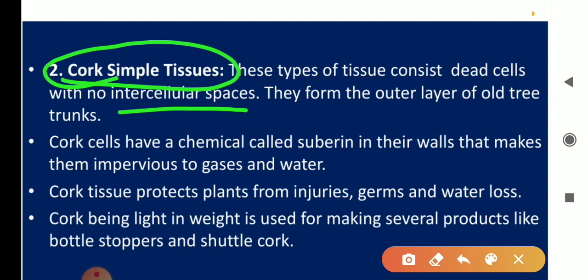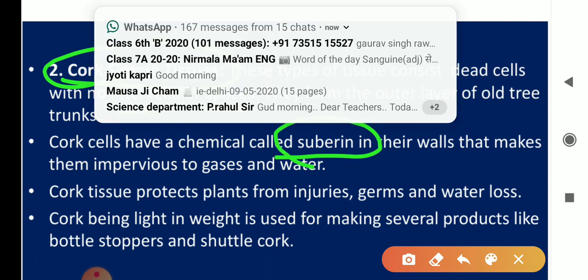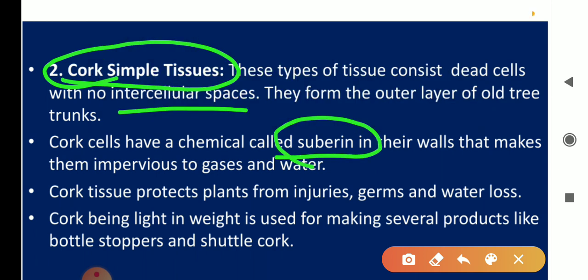Cork cells have a chemical called suberin inside. That is called suberin, and this suberin is impervious to gas and water. Cork tissue prevents the plant from injury and the entry of any germs, and it also protects from water loss.